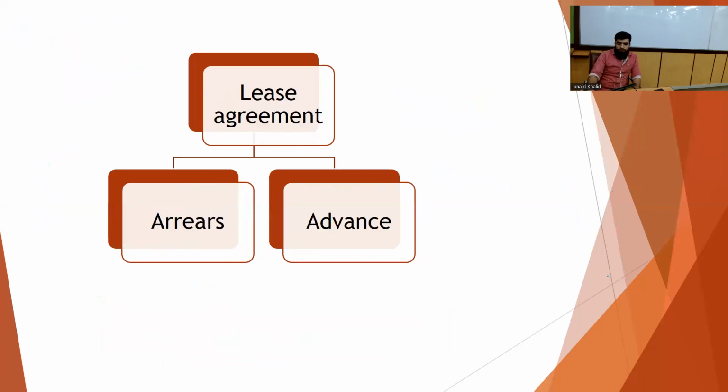Okay. Now lease agreement, let's move on towards the question side or the practice side. If we talk about the lease agreement, normally whenever we sign the lease agreement, there are two types of condition. That is, sometimes the lease agreement is on the arrears basis, or sometimes the lease agreement is on the advance basis. Now what is the difference between these two?